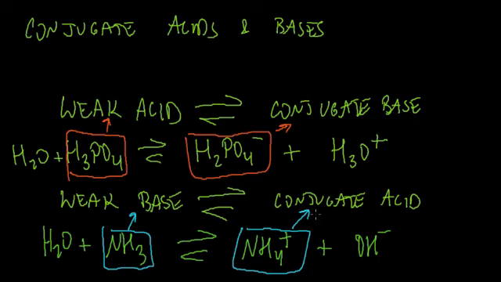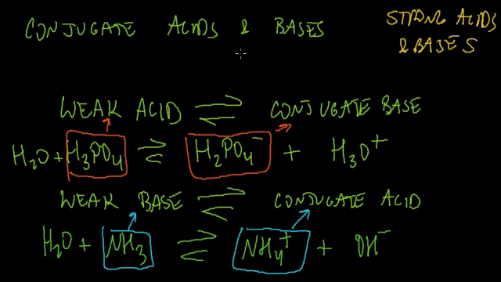So hopefully this will help you on your problems regarding conjugate acids and bases. The one thing I want to really stress and emphasize here is that strong acids and bases will form conjugate acids and bases, but they're not going to have any true strength.